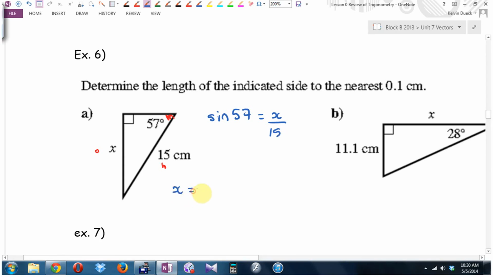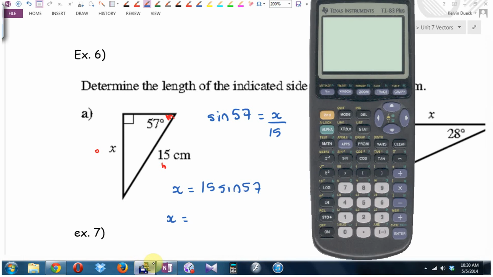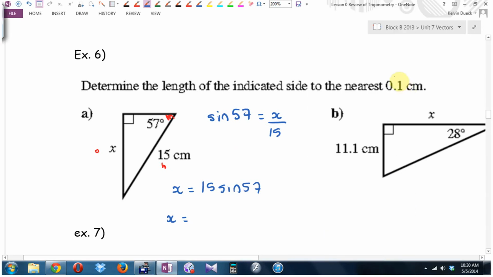X is going to be 15 times the sine of 57. You get 12.58? It said to the nearest 0.1, so I guess 12.6 centimeters.